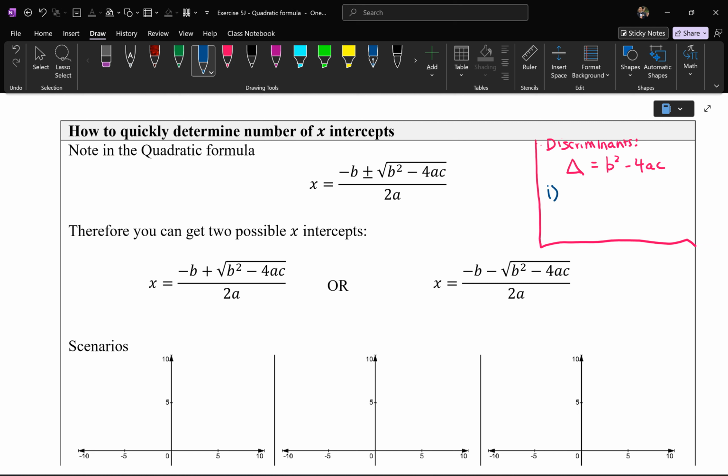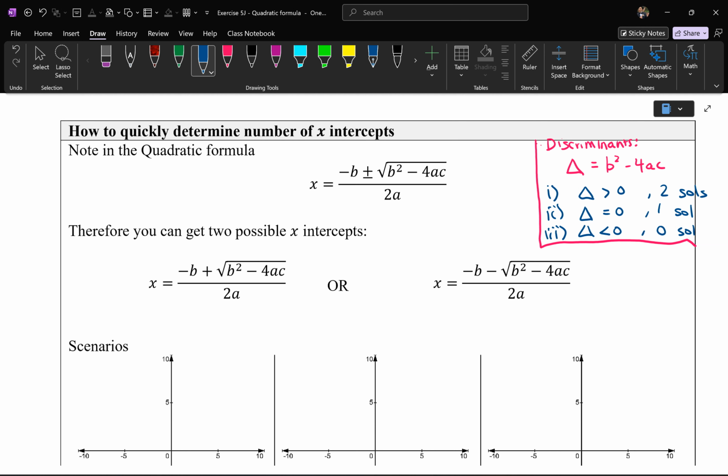Condition 1, if discriminant is greater than 0, 2 solutions. Condition number 2, if discriminant is equal to 0, 1 solution. Condition number 3, if discriminant is less than 0, 0 solutions.